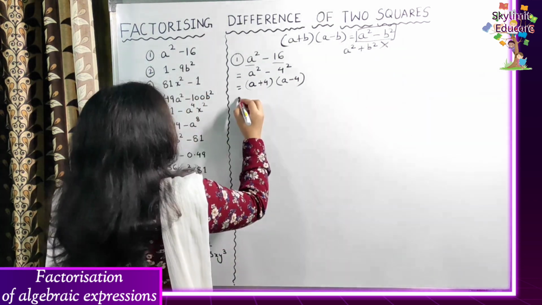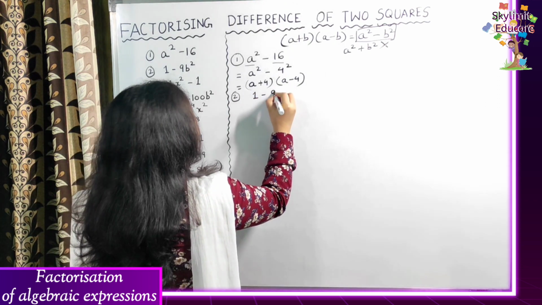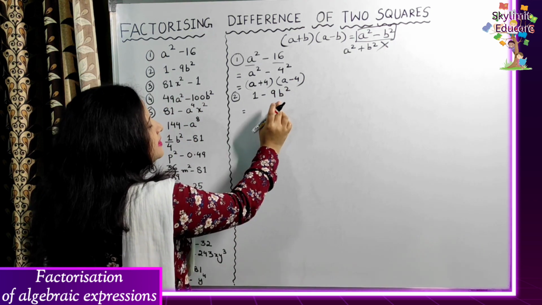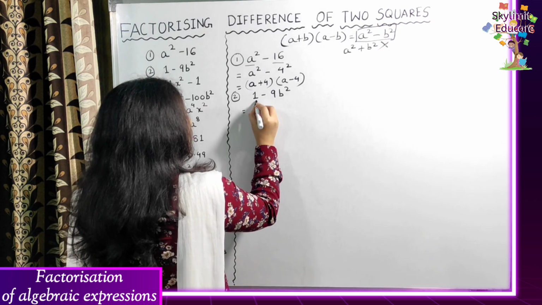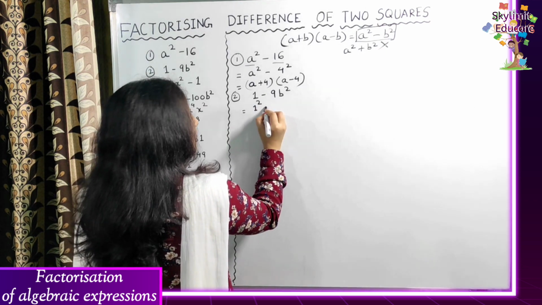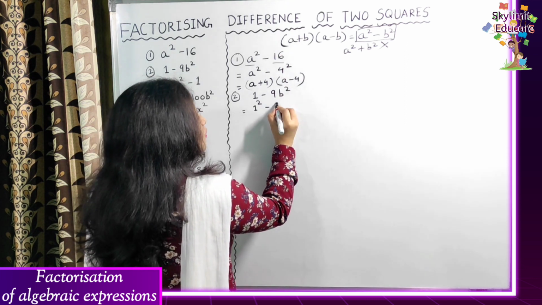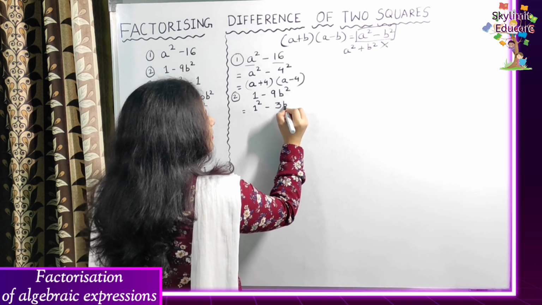Now question number 2: 1 minus 9b square. 1 is a perfect square, 9b square is also a perfect square. So 1 is the square of 1, minus 9b square. What is the square root of 9? The square root of 9 is 3. What is the square root of b square? It is b. Clear?